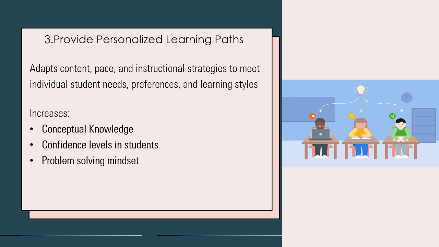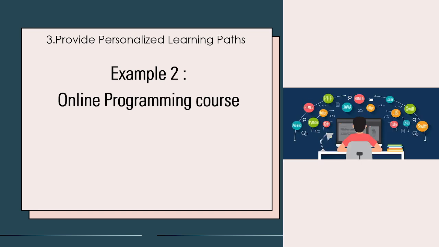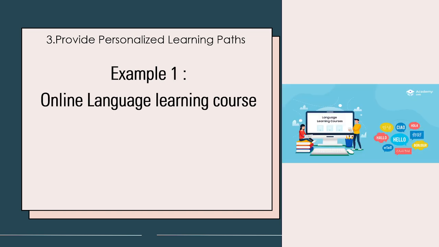For instance, in an online language learning course, students might be given the choice to focus on listening exercises, reading comprehension, or interactive speaking activities, depending on their strengths and areas for improvement. Learning management systems such as Moodle or Blackboard allow instructors to create adaptive learning pathways, ensuring that students engage with content at their own level.